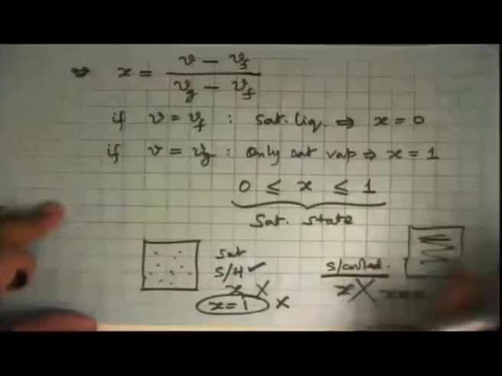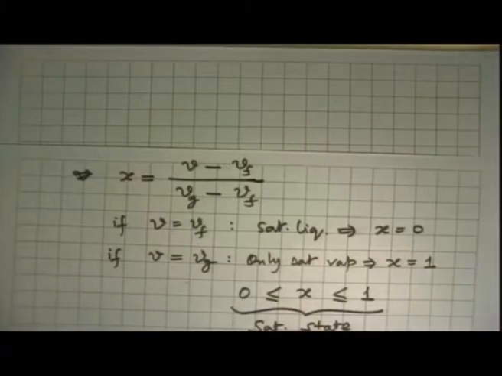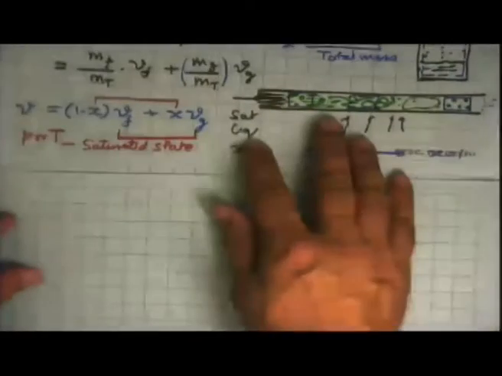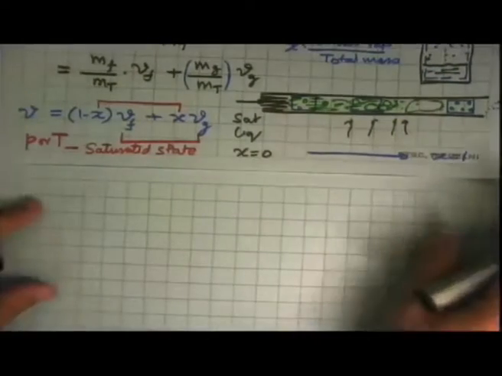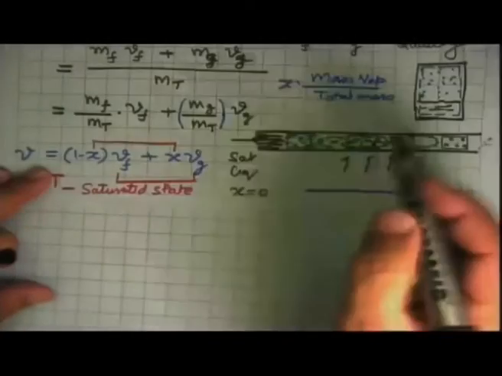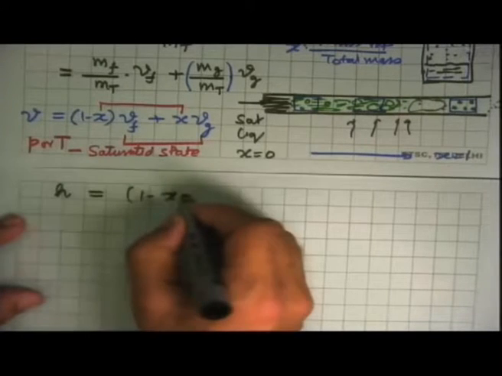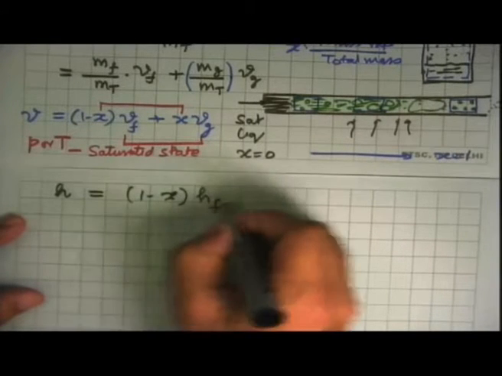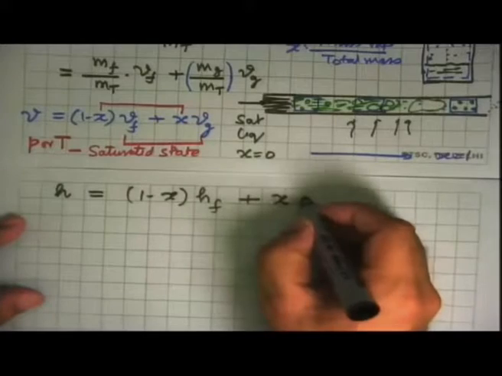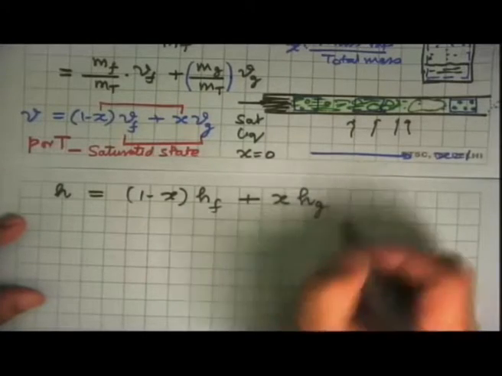What we had also mentioned is that we got this property relation in terms of specific volume, but the same thing also applies for all the other properties. So if you want to know, for this mixture, what is the specific enthalpy of this mixture, we can say that h is equal to 1 minus x times hf plus x times hg.